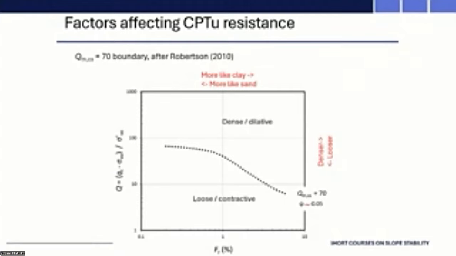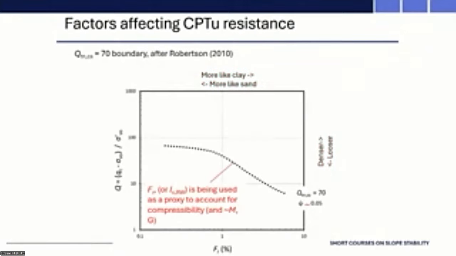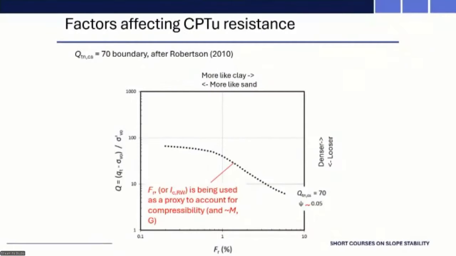Not telling you too much about the state parameter itself, though. So in this case, people use things like the friction ratio as some kind of proxy for some of those parameters like friction, stiffness, and so on. So we're trying to maybe refine those correlations through this proxy being the friction ratio.